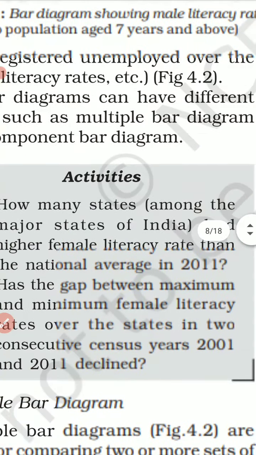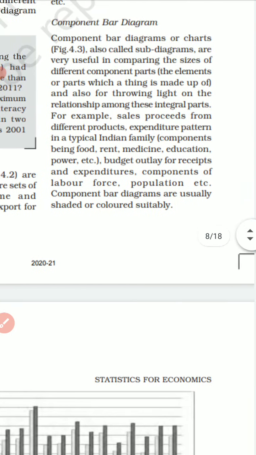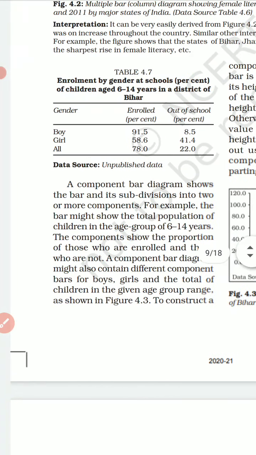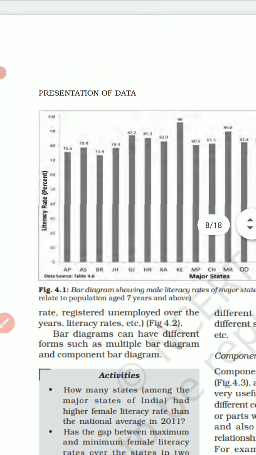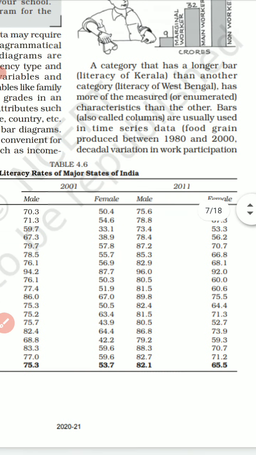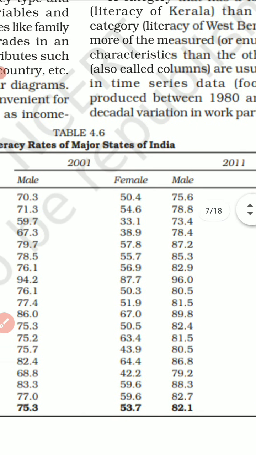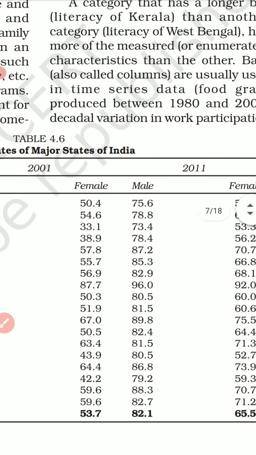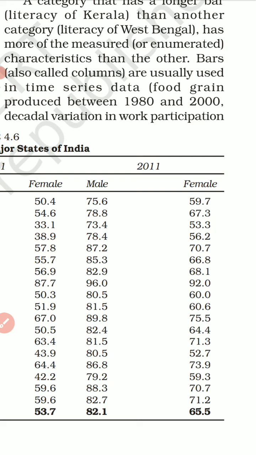Data is of this table, which is showing two sets of the information like this. One data is about male, female in 2001, then male, female in 2011. So two sets of data are there. You can show it with two or more than two sets of data.